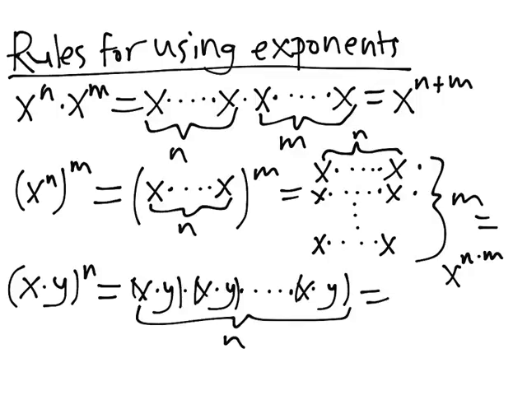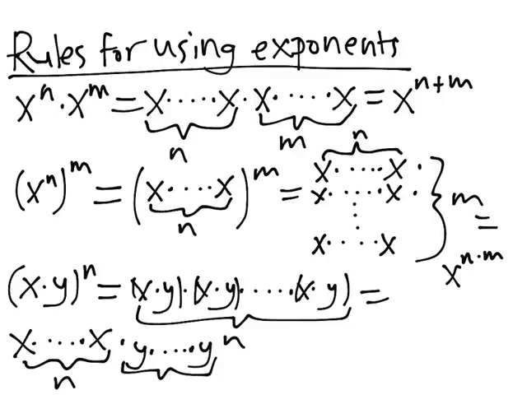Now we can use the commutative property to rearrange this as x times ... times x, where there are n x's, and then y times ... times y, where y also appears n times. Now it's easy to see that this is just x to the power n times y to the power n.